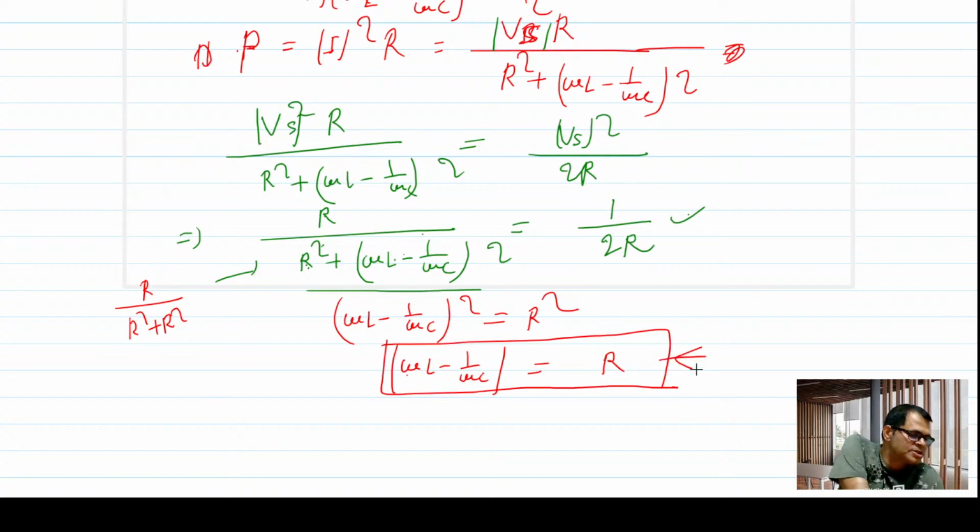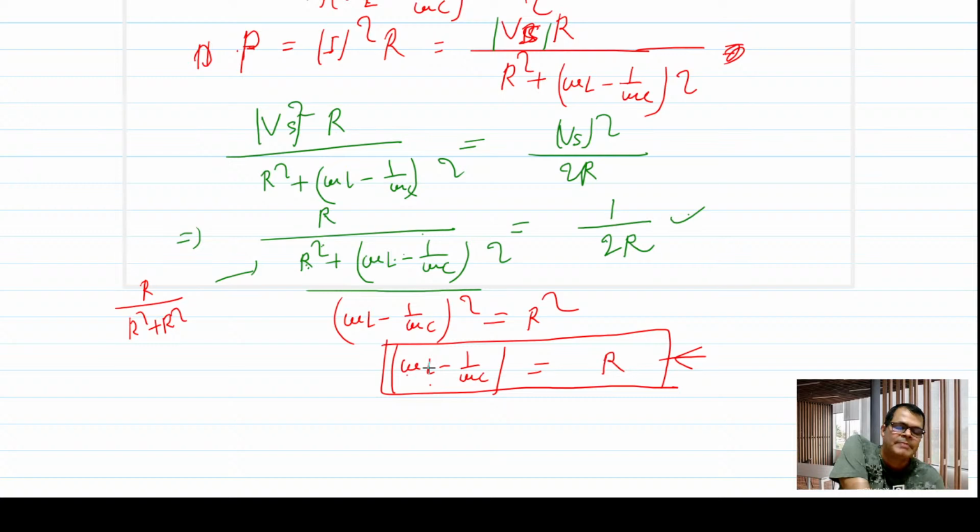See, a lot of questions. When you learn the concept, you will do the question. If you only learn the question, that is disastrous. See, what is the condition for the half power? Half power occurs when the magnitude of total reactance is equal to the resistance in the circuit.